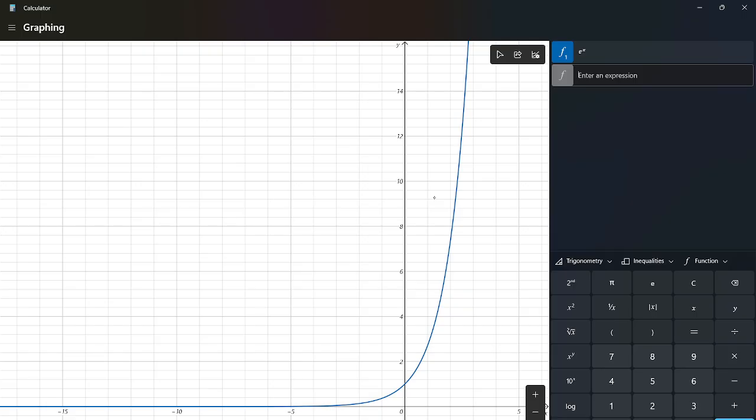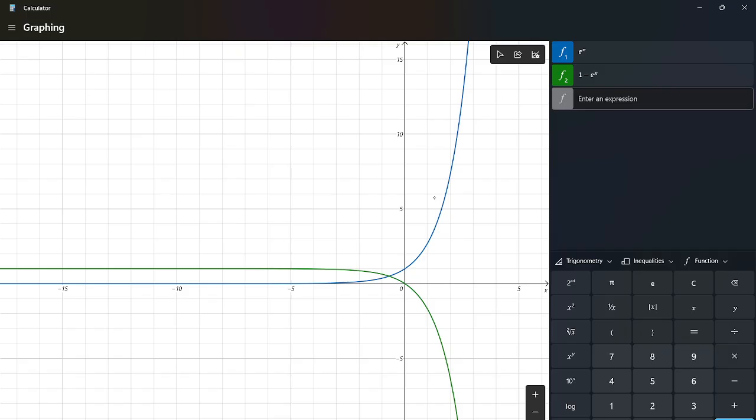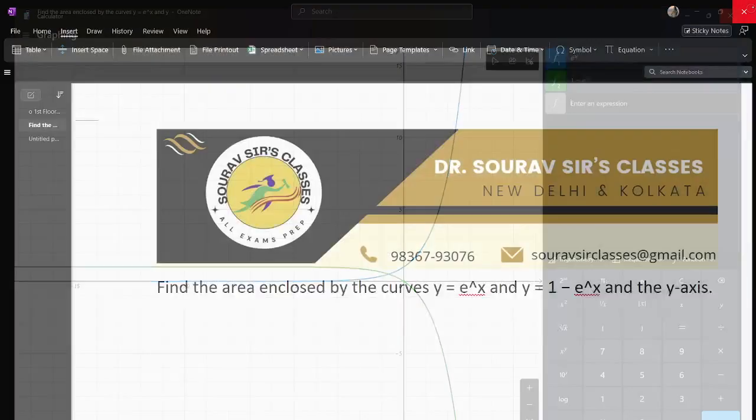The curve of e to the power x is this, and the curve of 1 minus e to the power x is this, and our y axis is this. So we have to only find the area of this region. Okay, so what can be done here?